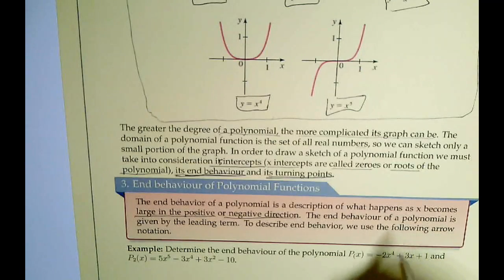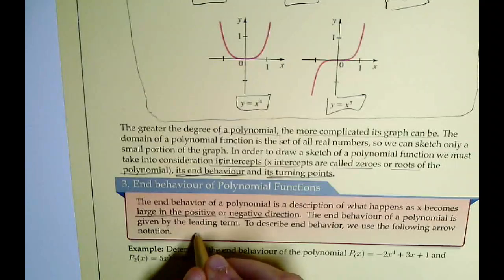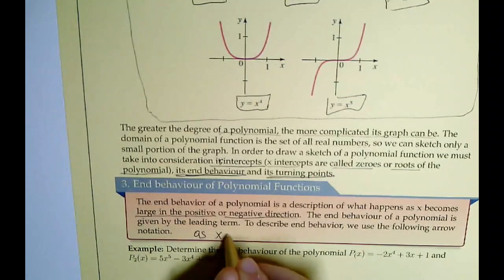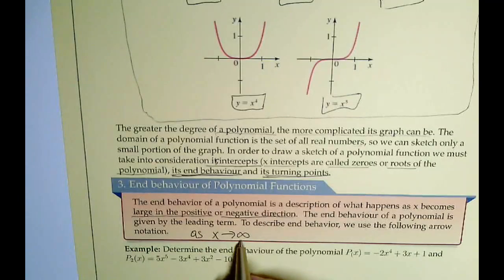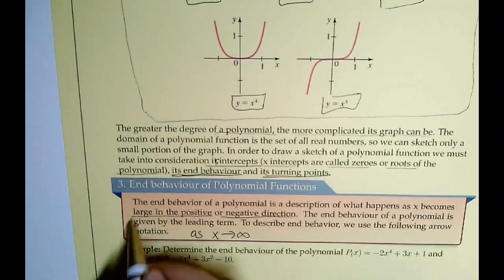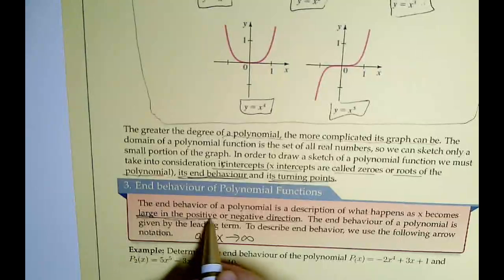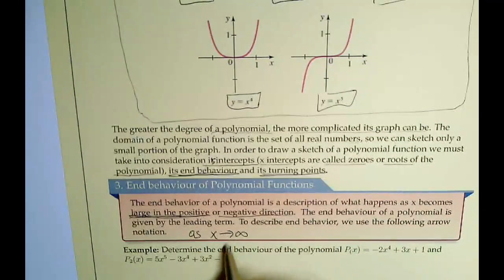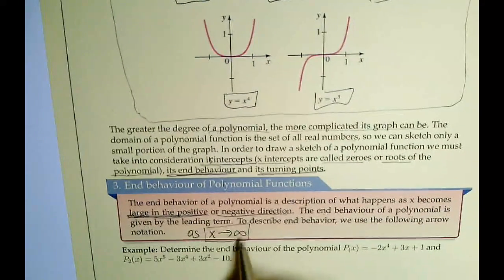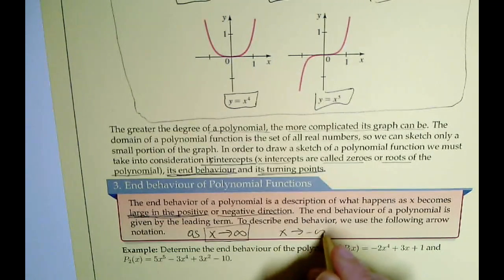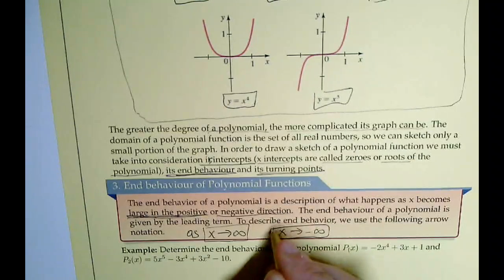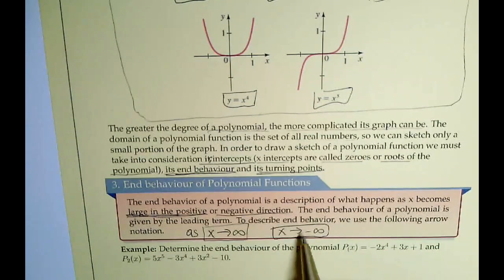As x becomes large in the positive direction, we notate this with x arrow infinity. And as x goes to negative infinity, we denote this with x arrow negative infinity.